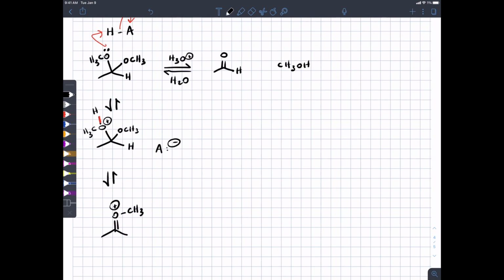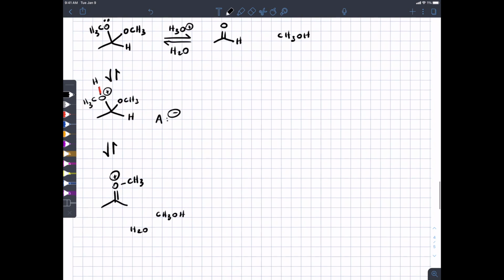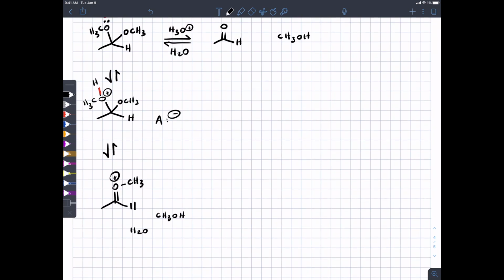And as you recall, we had methanol there and water there. How do we get from this intermediate to this one?